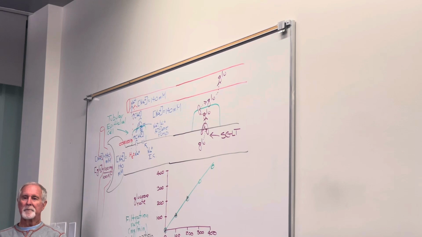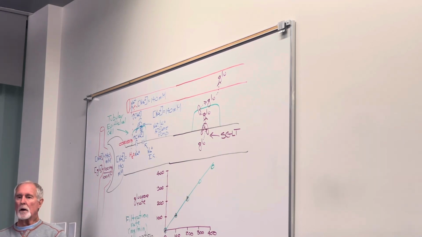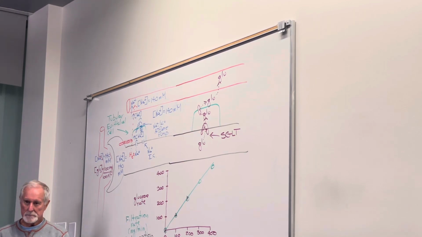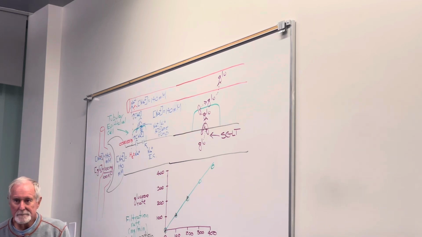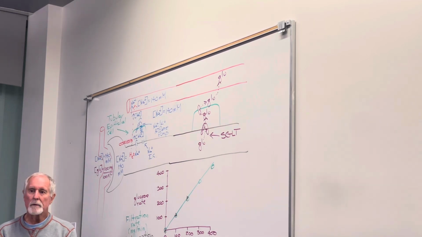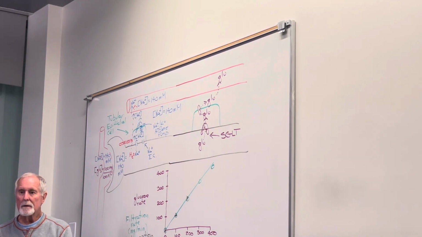Ms. Knudsen, if the concentration of glucose in the blood is 250 milligrams per 100 mLs, what do you think the reabsorption rate will be? 250. 250 what? Milligrams per what? When we talk about rate, we have to have units of time, right?